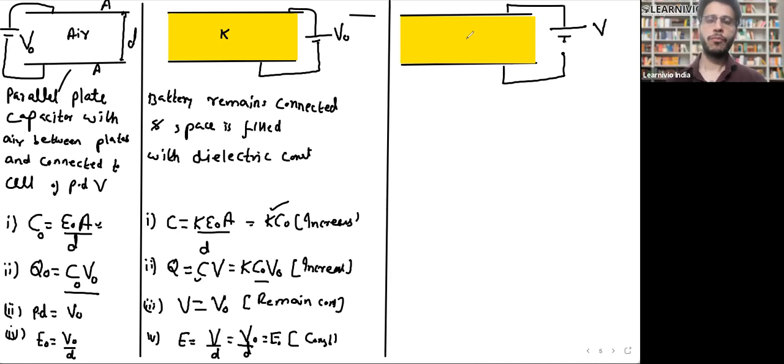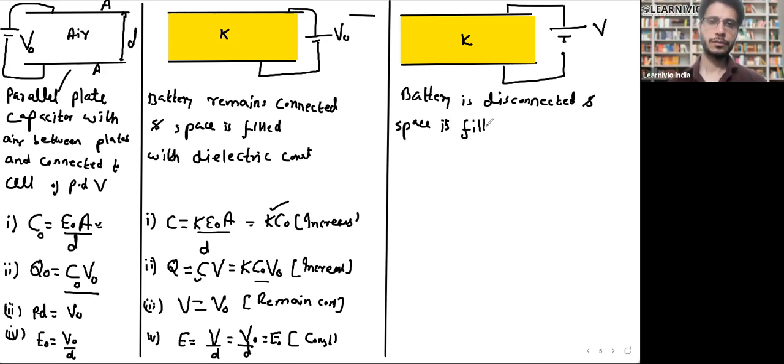Voltage is V, dielectric constant is K. So battery is disconnected, and space is filled with dielectric.